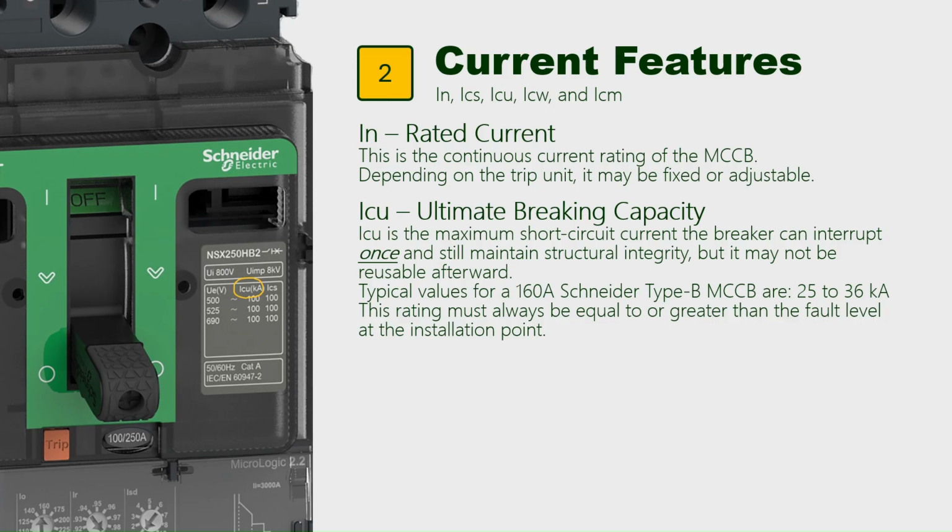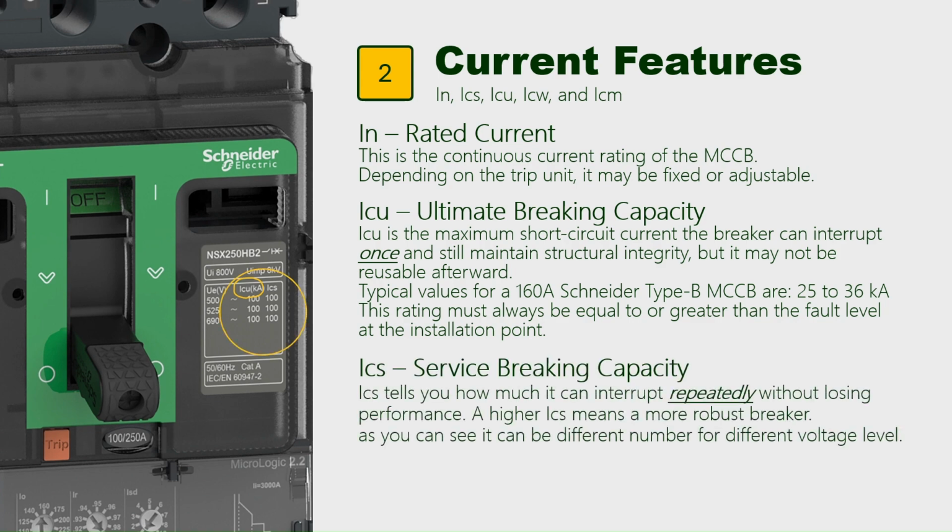ICU is the maximum short circuit current the breaker can interrupt once and still maintain structural integrity, but it may not be reusable afterward. Typical values are 25 to 36 kA. This rating must always be equal to or greater than the fault level at the installation point.